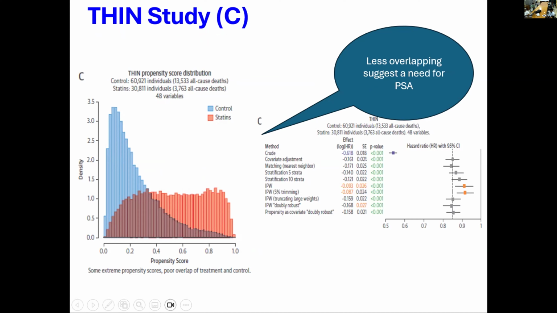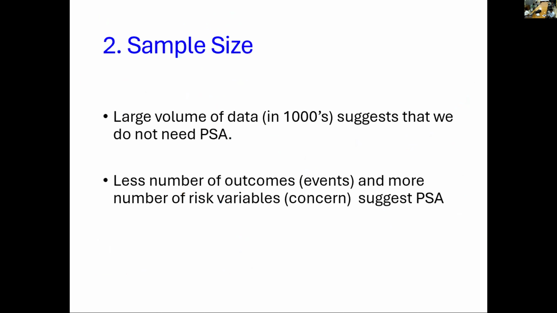The covariate adjustment, a simple regression analysis, suggested that there is no difference. So simple analysis will do when you have thousands of observations. It doesn't need a PSA. This is the message to the ERB: simple analysis will provide enough information.